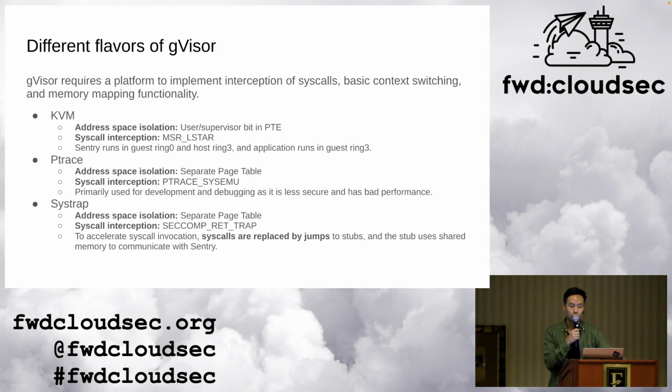This allows us to accelerate invocations of syscalls because the overhead of context switching is reduced. So as you can see, the ptrace and systrap platforms' architecture is quite unique. Different from Firecracker or other solutions, it does not rely on hardware virtualization, and as you probably know, nested VMs do not perform very well.